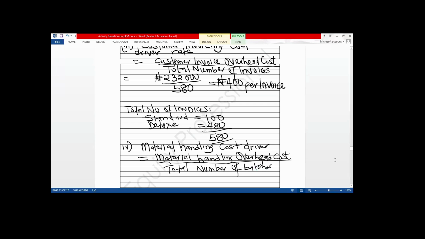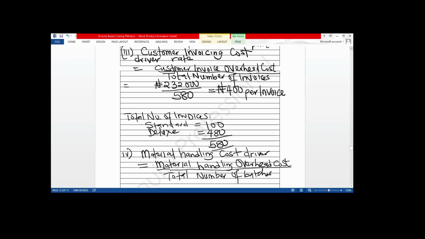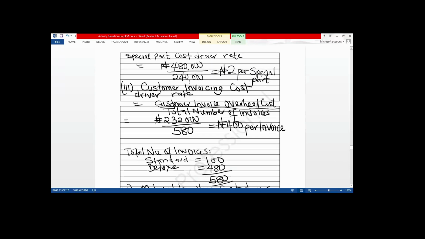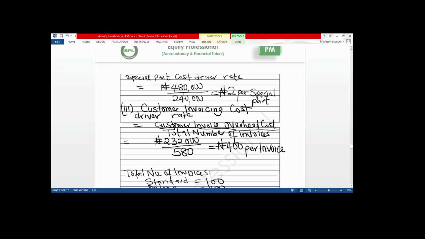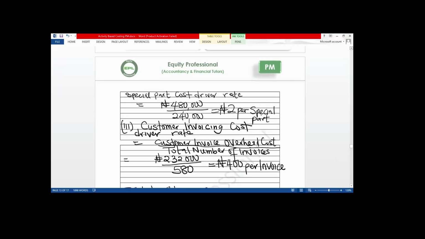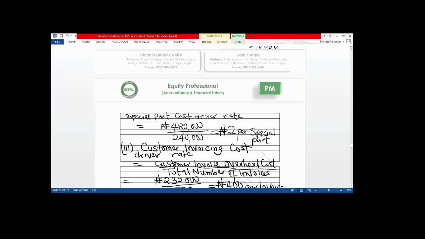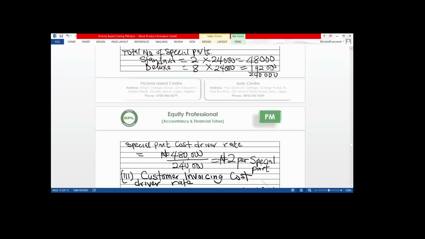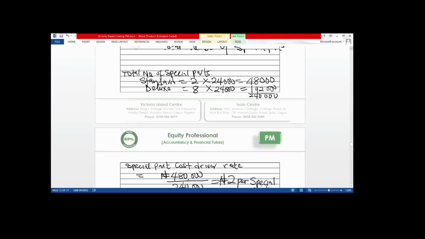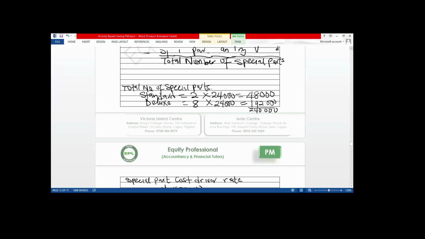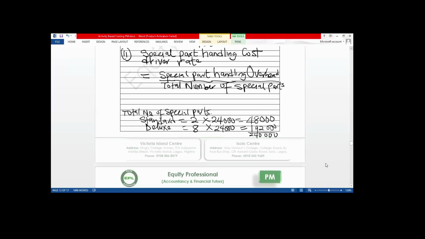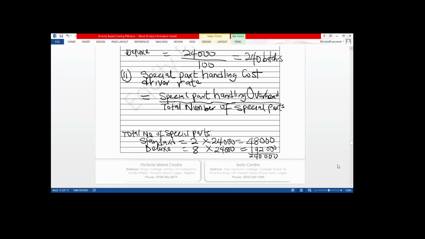I think we have completed it. Let's go to the first working we did. Number of setups here. I think we should have this figure there. Yeah, it's 12 and 240 batches.